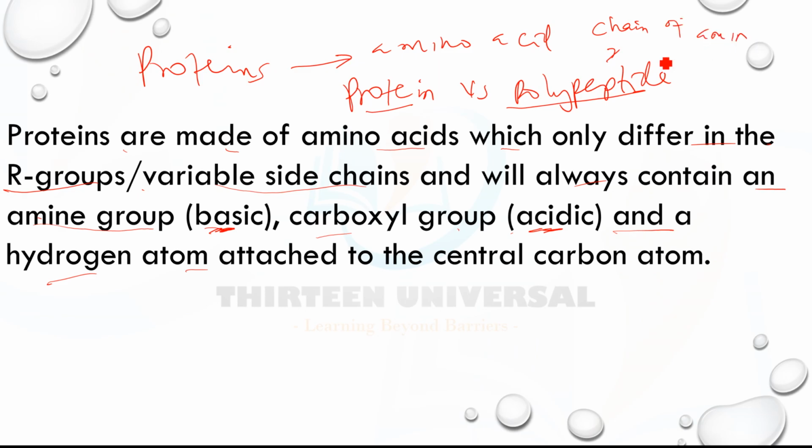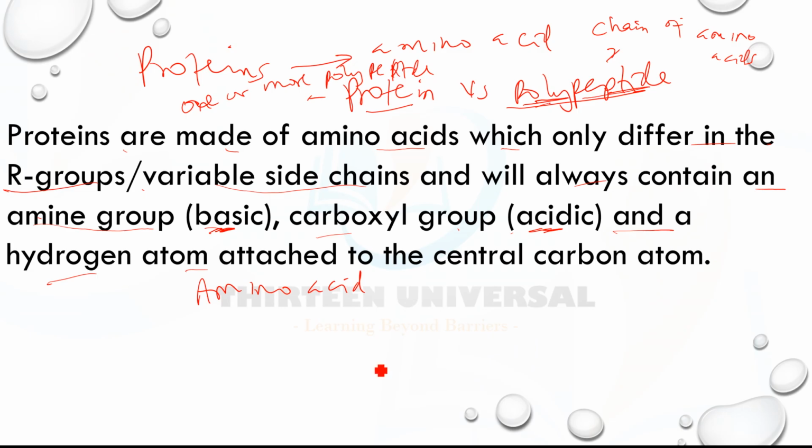Poly means many, many peptide bonds, many amino acids joined. A protein, though, is a functional structure made up of one or more polypeptides. So the amino acid is the monomer of polypeptides and proteins.